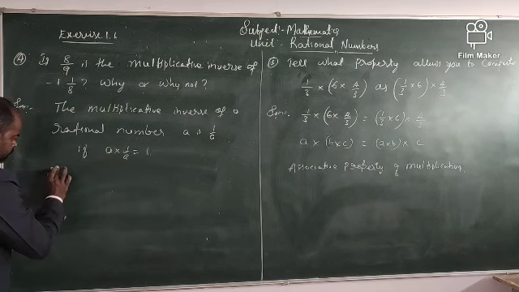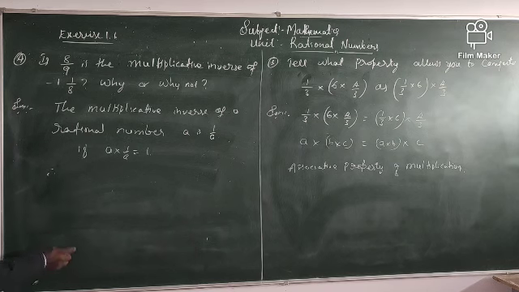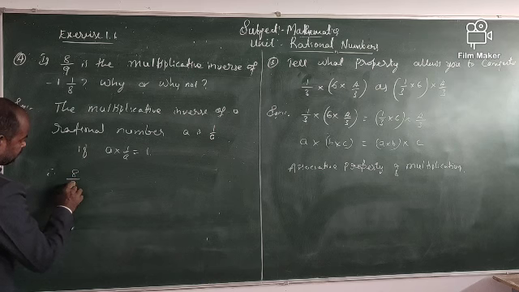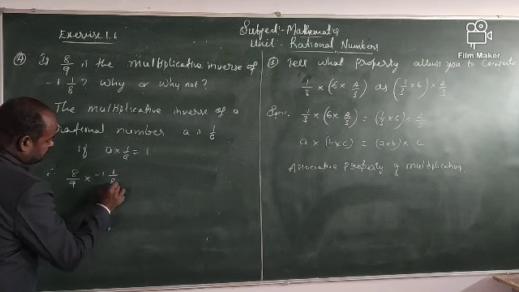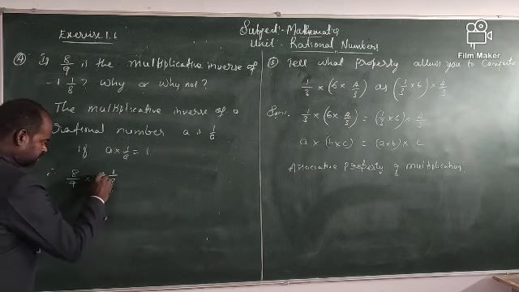Therefore, in the question itself it has given 8 by 9 into minus 1 by 8. Understand?